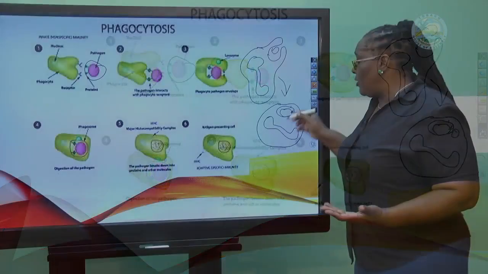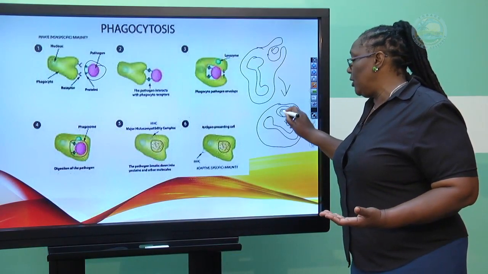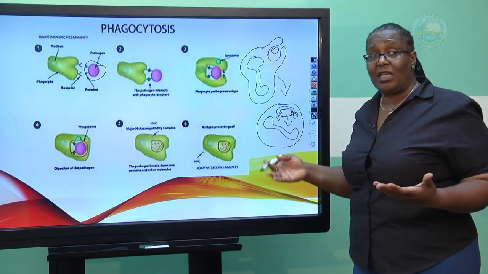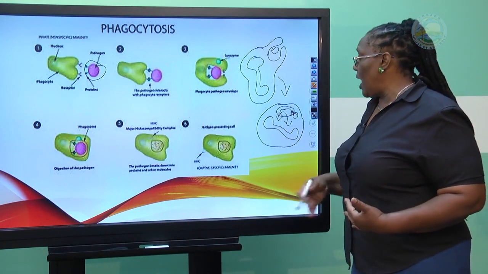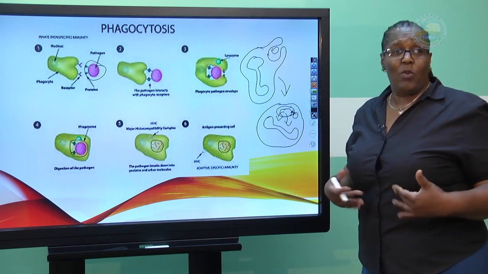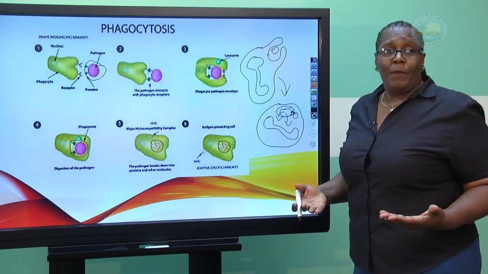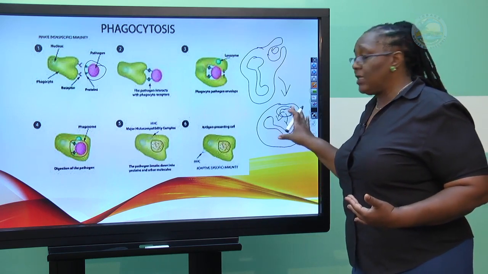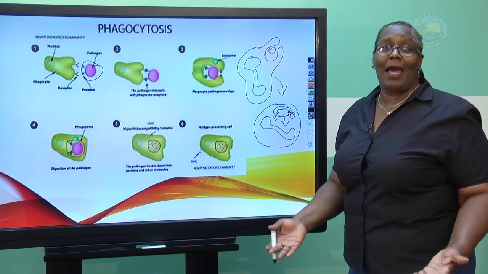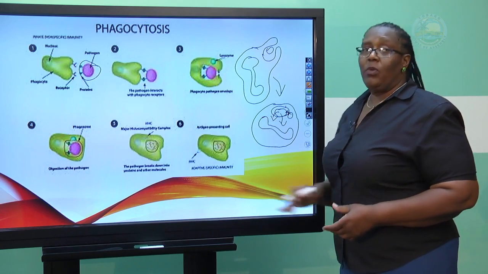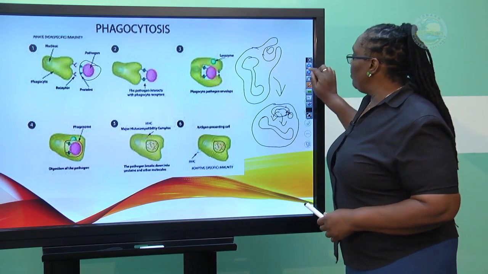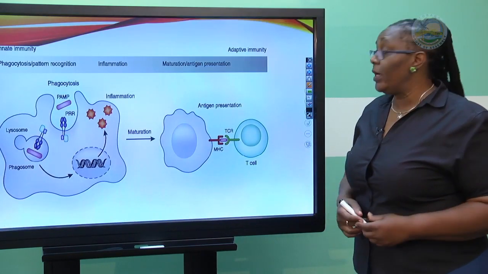But in turn, the pathogen, if it's a bacteria, is not defenseless. It may have its own toxins, and so it may let out and also kill the white blood cells. So you may have both the pathogen and the white blood cell being destroyed. But the fact is this cell has now literally sacrificed its life to get rid of the pathogen. So in this way, we will be having the system working.